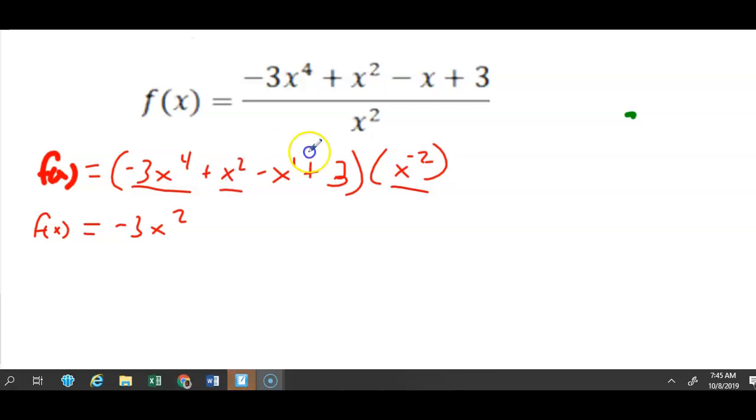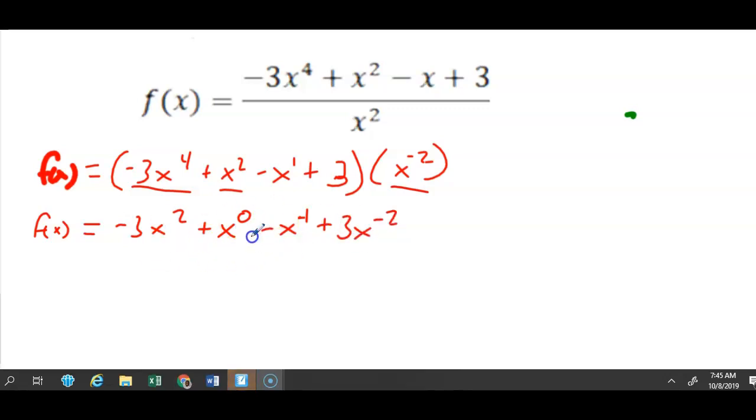Right here you have x squared times x to the negative 2. Well, 2 minus 2 is going to be x to the 0. I'm going to come back to that. That's important. Right here you have negative x to the 1st and x to the negative 2. So negative x, 1 minus 2 is going to be a negative 1. And 3 times x to the negative 2nd is positive 3x to the negative 2.